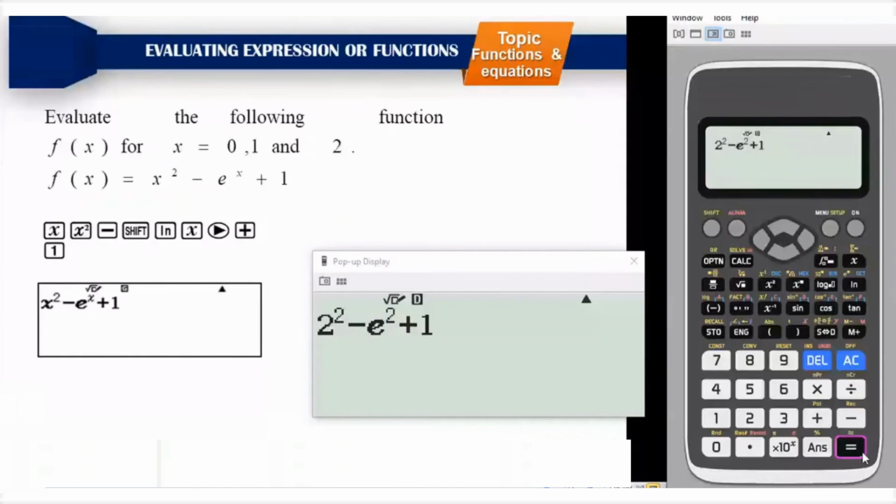So unfortunately, the calculator, out of the 3 answers, was only giving us one answer, that was x is 0. So once again, when there are multiple functions involved, it is always advisable to replace the values of x after writing this function so that there are no errors whatsoever.